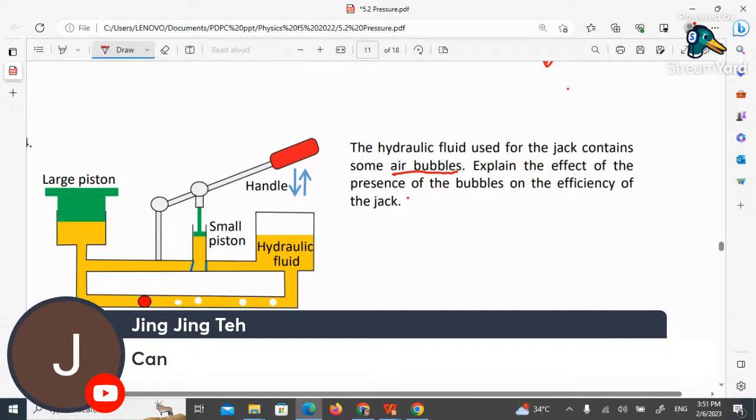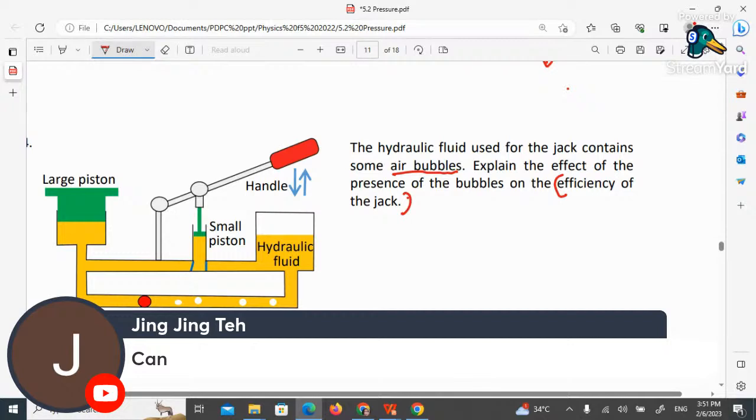So the hydraulic fluid used for the jack contains some air bubbles. You can see the white air bubbles. Explain the effects of the presence of the bubbles on the efficiency of the jack. What happens if there are bubbles? Does the efficiency increase or decrease?